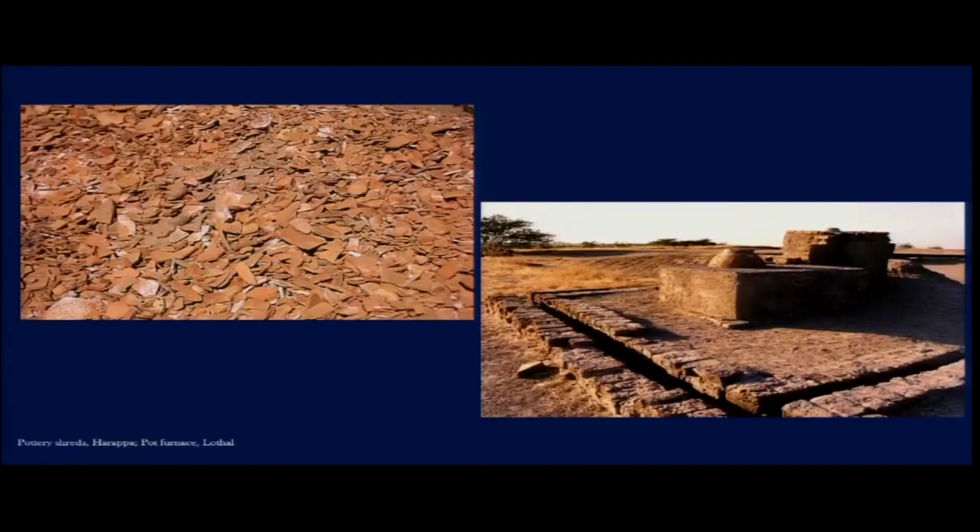Another thing that we find there are the pottery shreds in this area. Of course it can be discarded material, but there are some areas where a huge amount of pottery shreds are found. That suggests this is not just one site being destroyed and all the shreds collected in one place.